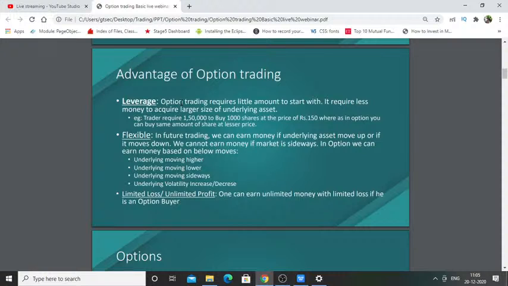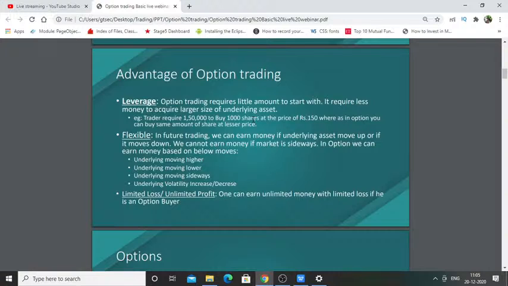You can get exposure to 1000 shares trading at 150 rupees with just 1000 rupees. If tomorrow the stock moves from 150 to 200 rupees, then with the capital of 1.5 lakh you make a profit of 50 rupees on 1000 shares, and you can achieve the same thing with option buying as well.